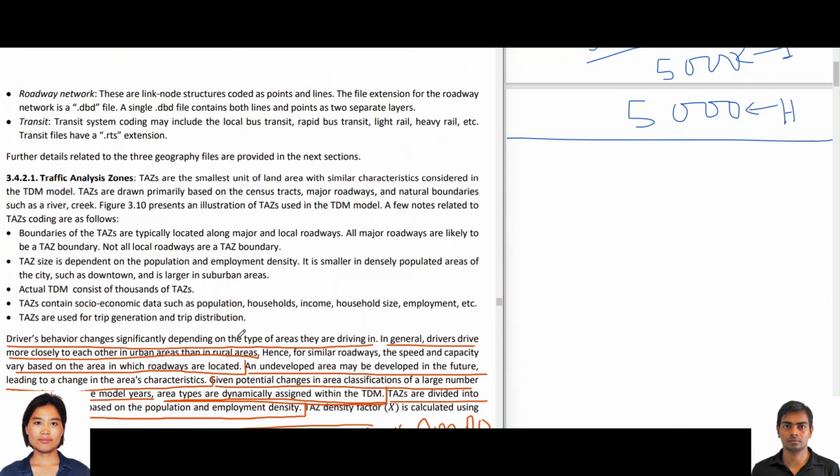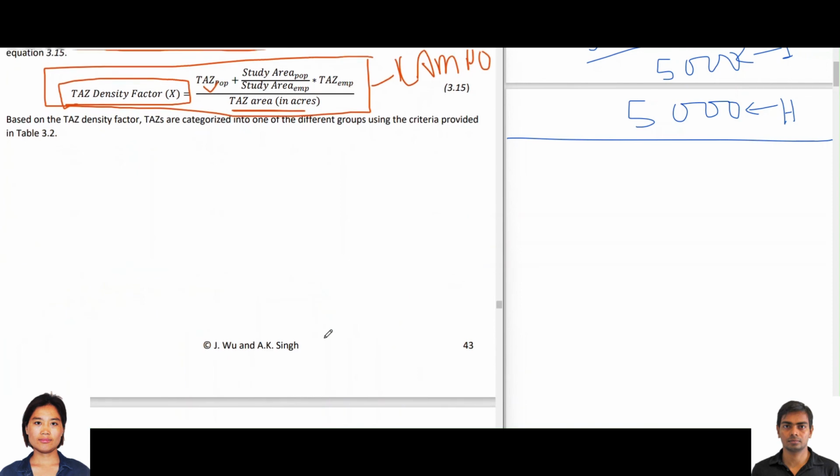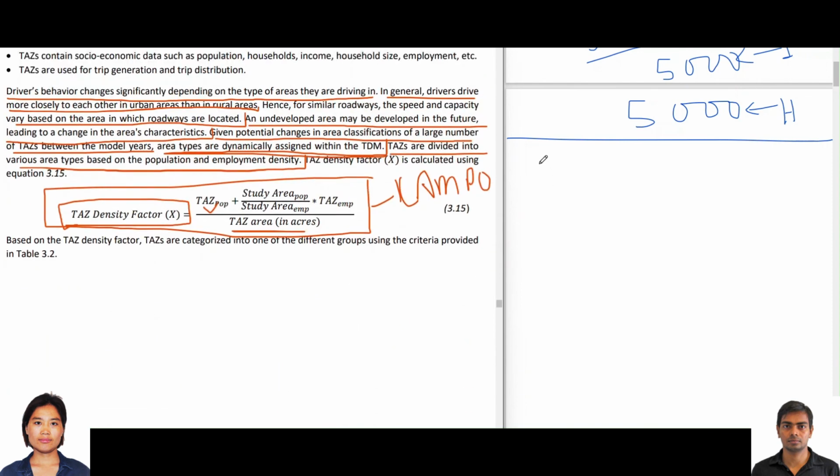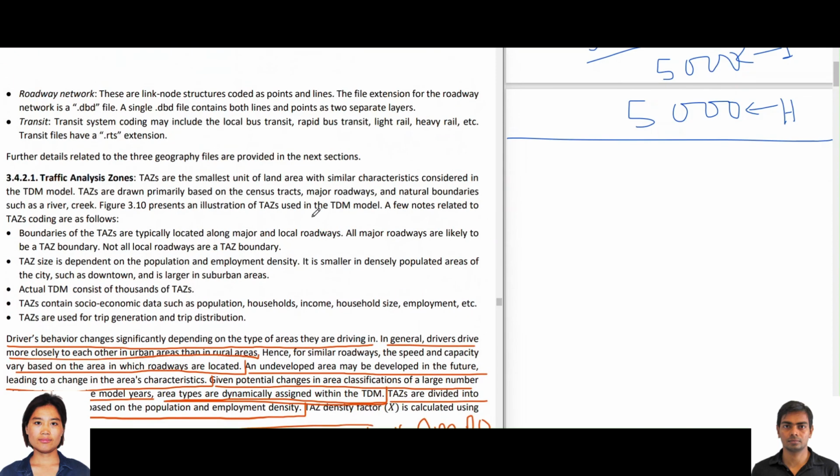The big lesson learned from this one is the TAZ area type is not a constant thing. It changes between the models, and since the TAZ area changes, the roadway characteristics change, so we need to dynamically define the TAZ area type, which is done in TDM models.